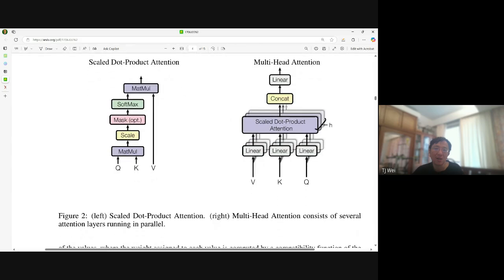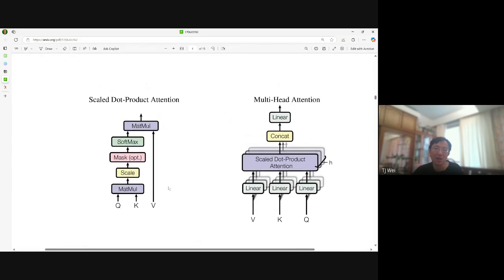Basically, the architecture of attention considers three different inputs: query, key, and value. It looks kind of like a dictionary, like a Python dictionary.